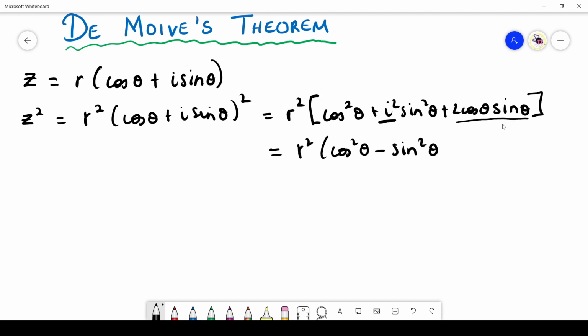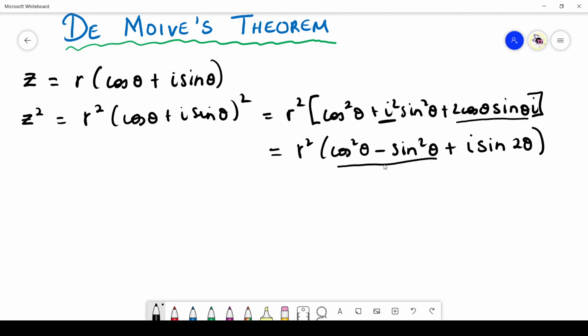And 2 cos theta sine theta, you guys should know at this stage, is simply the double angle, i sine 2 theta. Oh, I forgot my i here. Alright, and there's another identity as well. I just saw it.